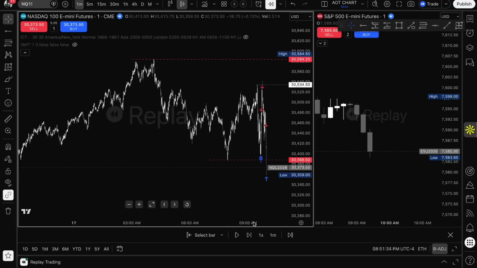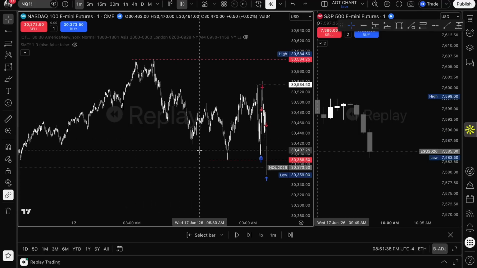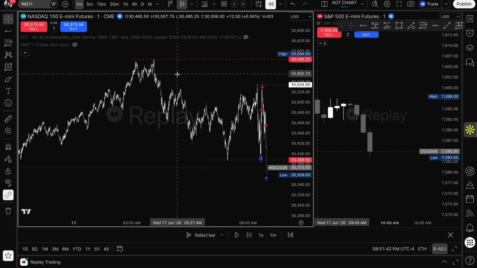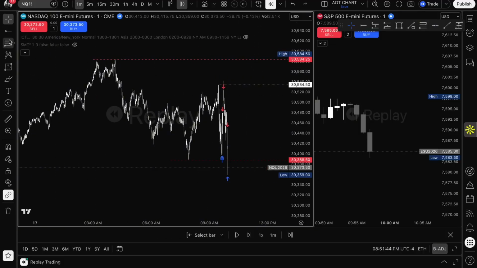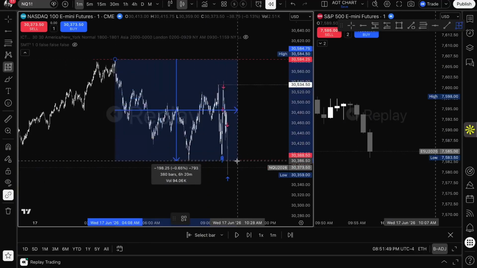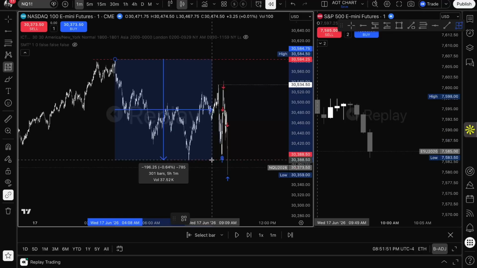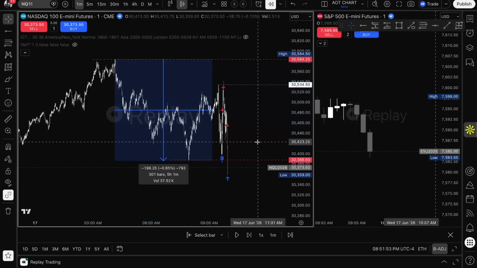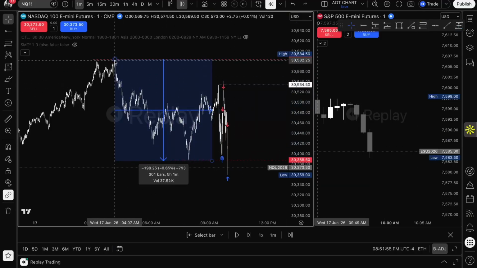But sometimes we do get reverse sequence off of major highs and lows, like of sessions. In this case, this range that we're trading in right now is a really huge range, like a 200-point range.